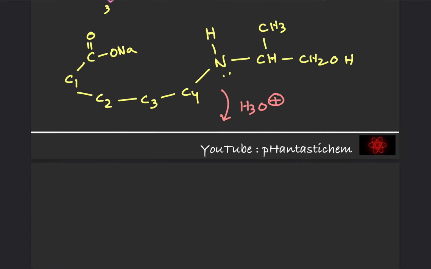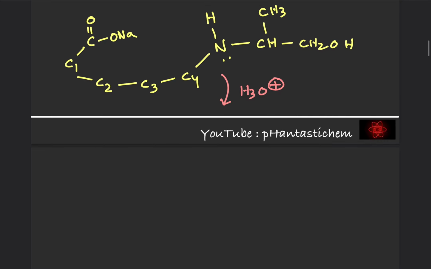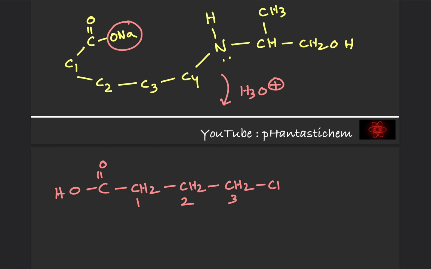So we will get ultimately, this will be converted to OH, so we'll get C double bond OH, and then we will have CH2 C1, CH2 C2, CH2 C3, CH2 C4, connected to NH, which is connected to CH3, and that is connected to CH2OH, and also the other side product will be NaOH.